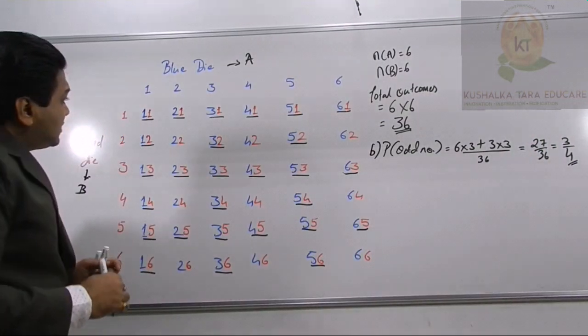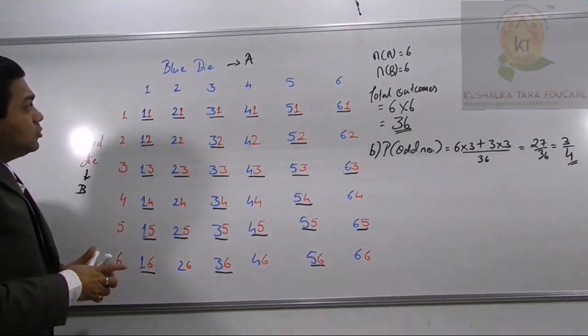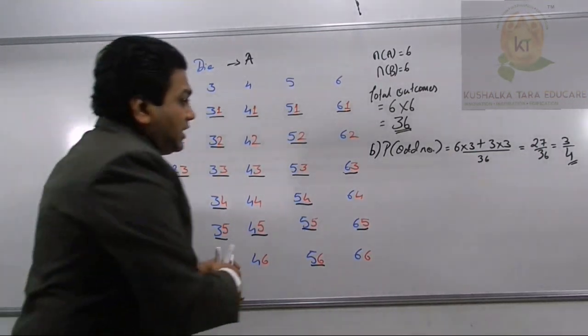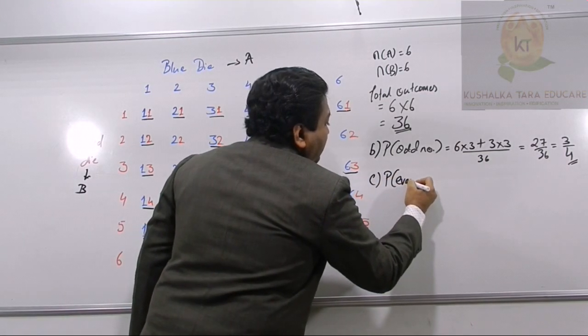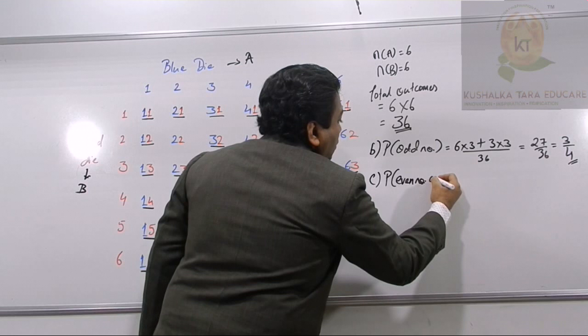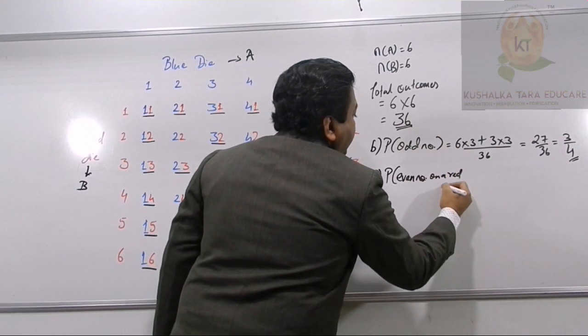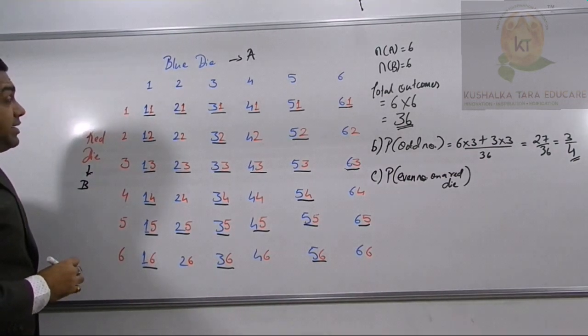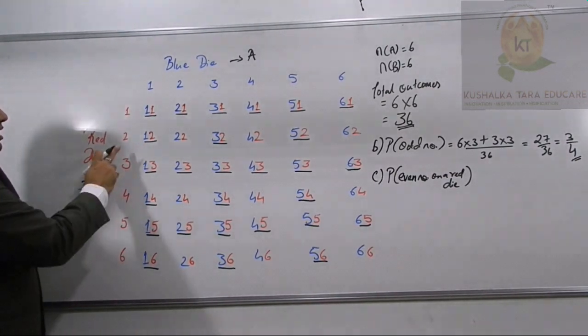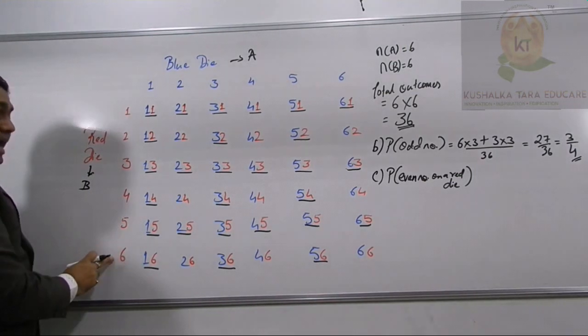I'll use a second color combination over here. So let me see, find the probability of observing an even number on a red die. Okay, even number on a red die. So where do I see red die mean even number is only 2, 4 and 6.